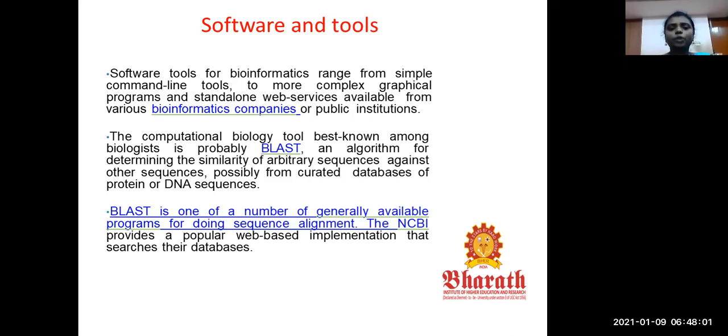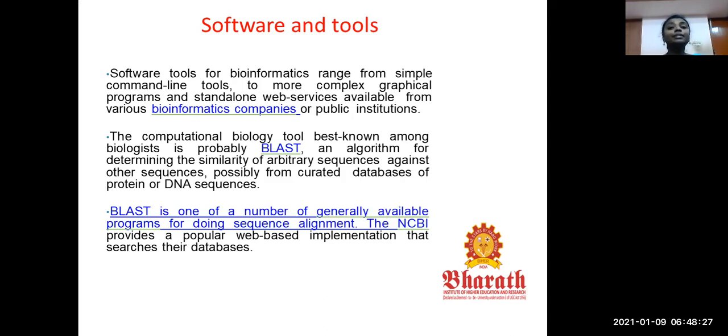And the computational biology tool best known among biologists is probably BLAST. BLAST is software which is best known among all the biologists. Why? Because it has an algorithm for determining the similarity of an arbitrary sequence against other sequences.